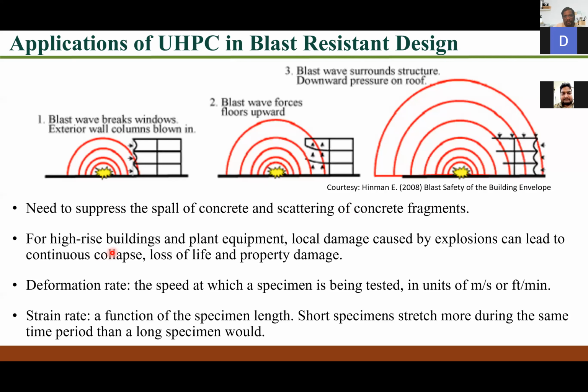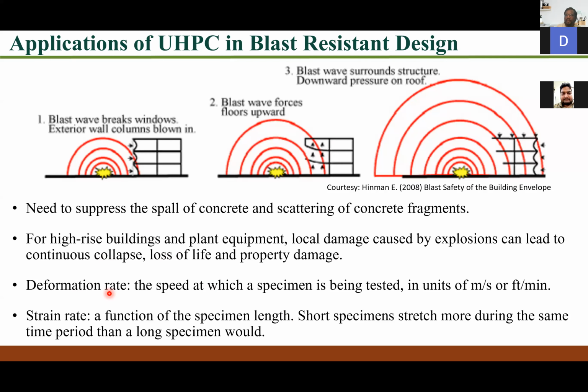So again, under the action of these blast loads, the materials that we use for constructing the structure undergo a very high strain rate. They are subjected to very high strains in a very short span of time, right? The strain rate is a function of specimen length. For example, when we test a specimen, you apply deformation at a particular rate.